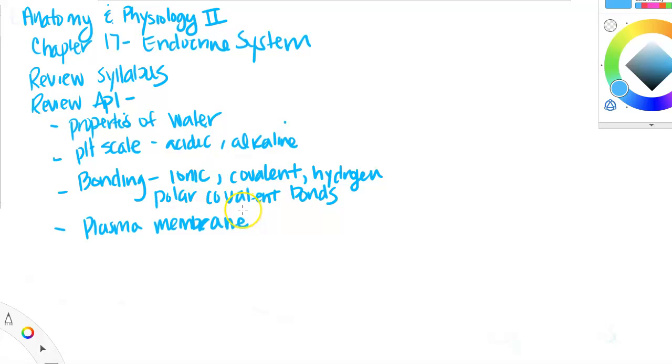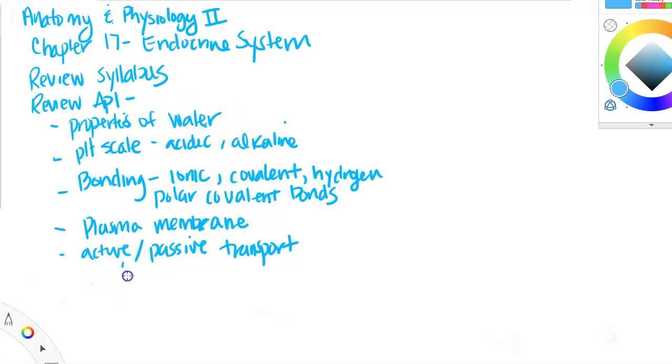Go through how that happens as far as movement: passive, active transport, how things move within the cell. Just go through how things move in and out of the cell and things that are in the cell.